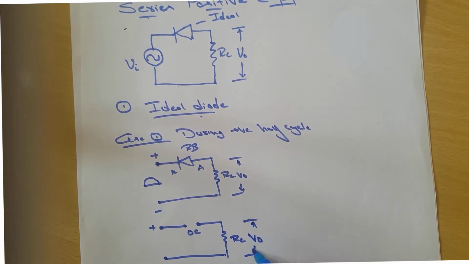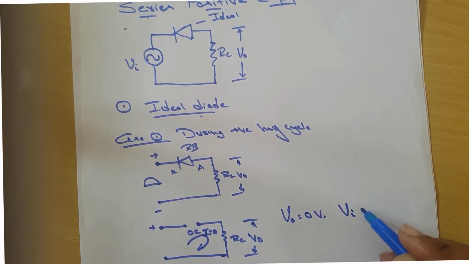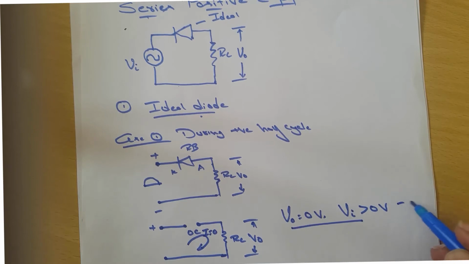In this case V0 is equal to I into RL, as per Ohm's law. No current flows through the circuit because of the open circuit, therefore I is equal to 0. Therefore V0 is equal to 0 volts when the input voltage is positive. Positive means more than 0 volts. Clear?